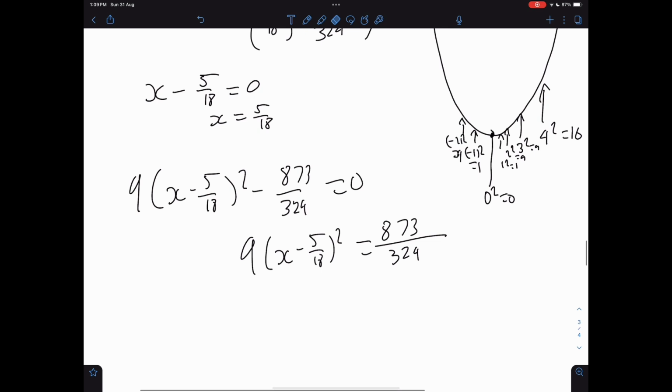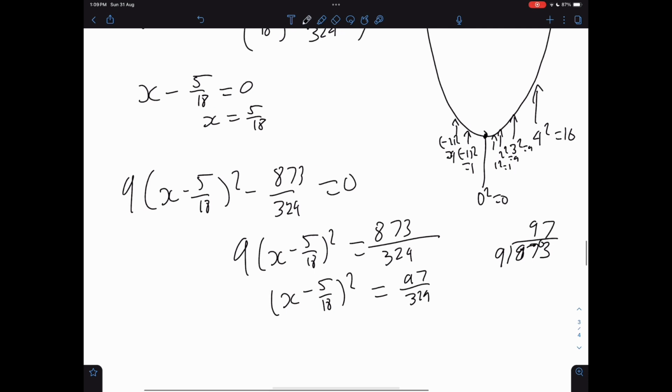Then you'd divide. I chose some bad numbers for this, it's very difficult to do. There's a 9. Oh no, that would go in there. 9 times 873, that's 81 and 9, 63, 7.